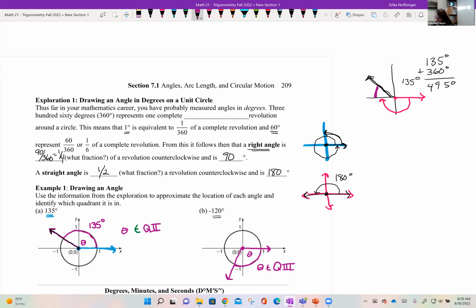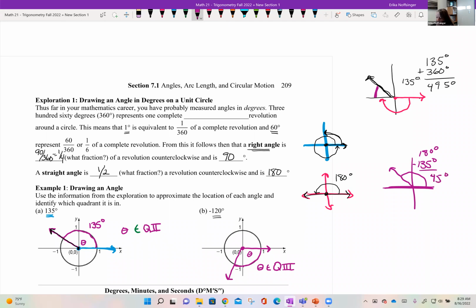And we'll use that later on too in the course. Well, if this was 135 degrees originally, to add up to 180 degrees, which gives us that straight line, 135 take away from 180, that's 45 degrees.